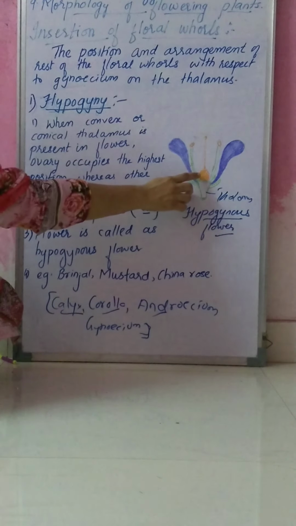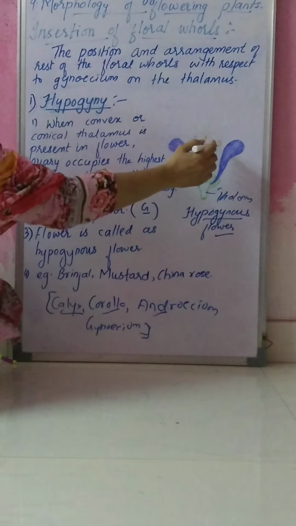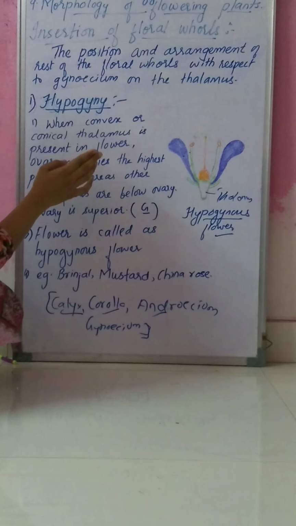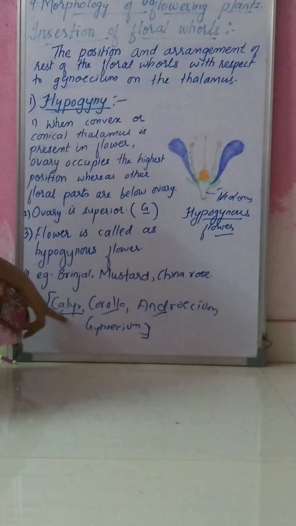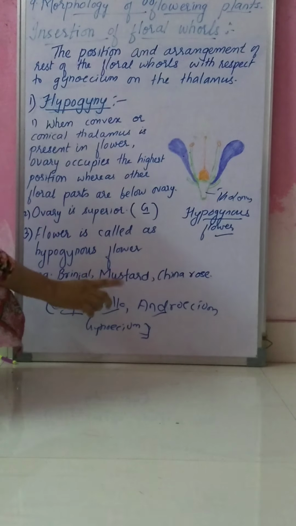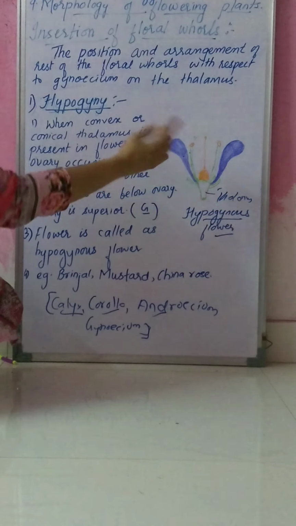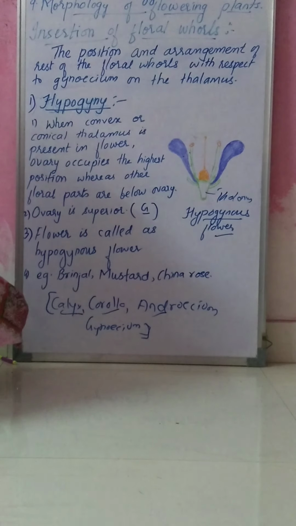Above that you can see the gynoecium is present, and these are the other floral whorls. So the position and arrangement of the other floral whorls, which are calyx, corolla and androecium, with respect to the gynoecium on the thalamus is known as insertion of floral whorls.